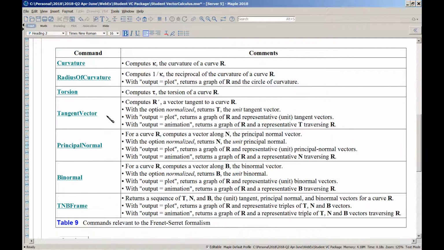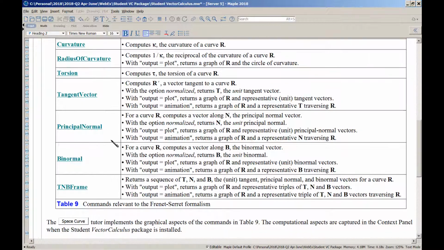Tangent vector. Now the tangent vector command, as it stands, simply returns a tangent vector, which is the derivative with respect to the parameter. It takes the option normalized, so now you can get a unit tangent vector. You can have the output be either a plot, which is a graph of the curve and representative unit tangent vectors, or you can animate the progress or the traverse of a unit tangent vector along the curve.